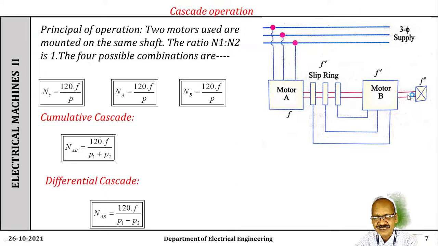Now as the shaft catches the speed, the frequency of the EMF induced at the slip ring decreases, and thereby it controls the speed of the motor B. So in this way the speed control is possible.